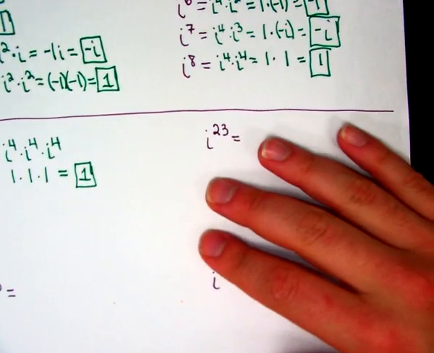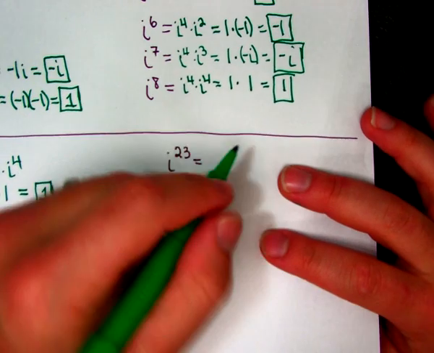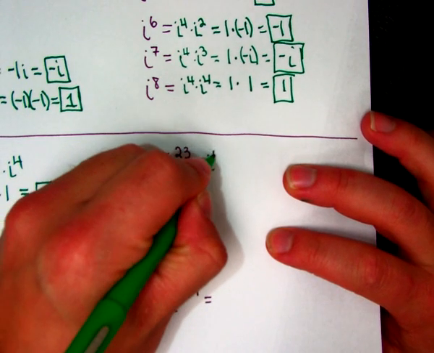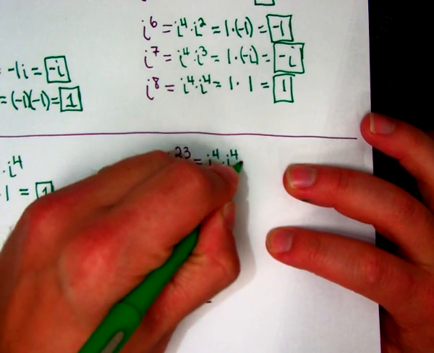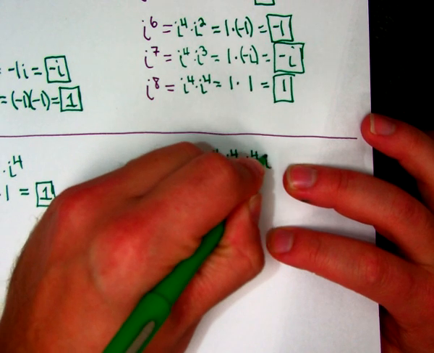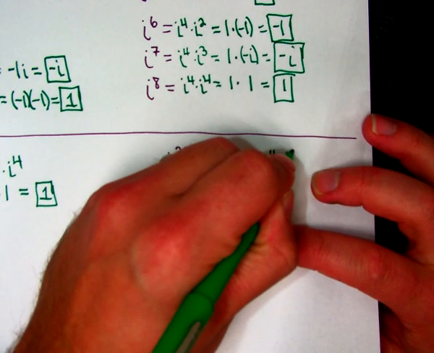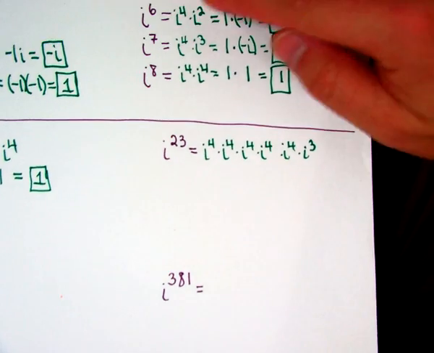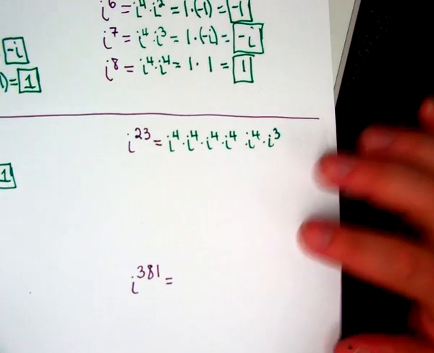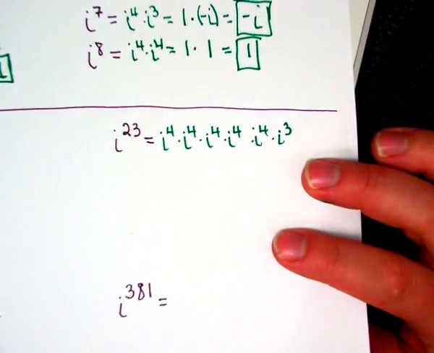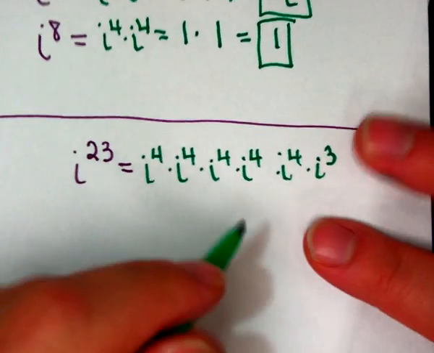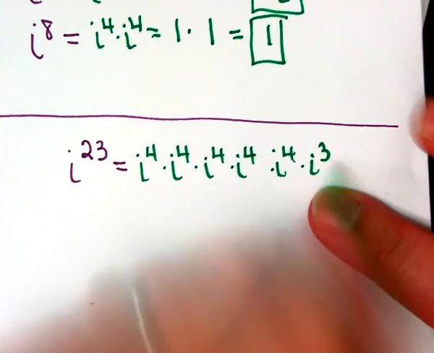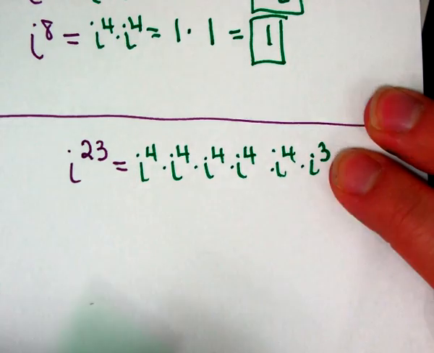What about i to the 23rd power? This is like doing i to the 4th times i to the 4th times i to the 4th times i to the 4th times i to the 4th times i to the 3rd. Once we've done this, this is 20 i's and then 3 extras remaining.